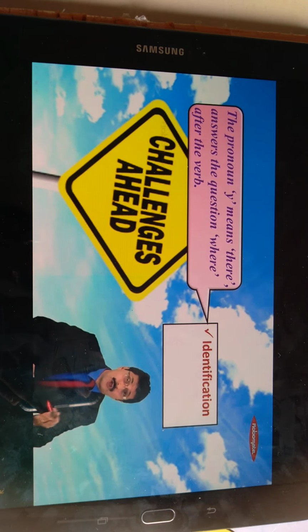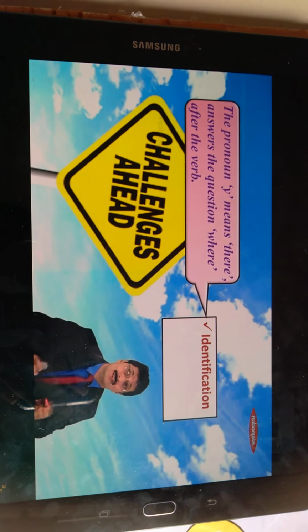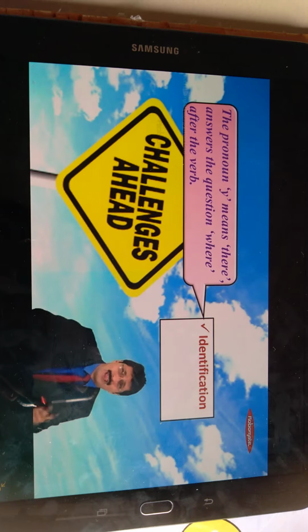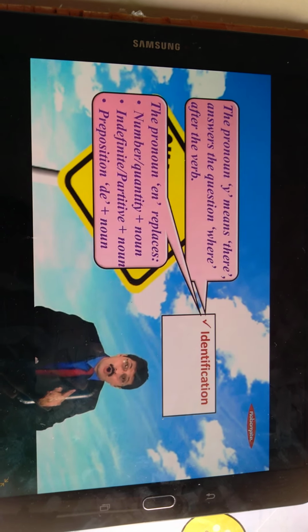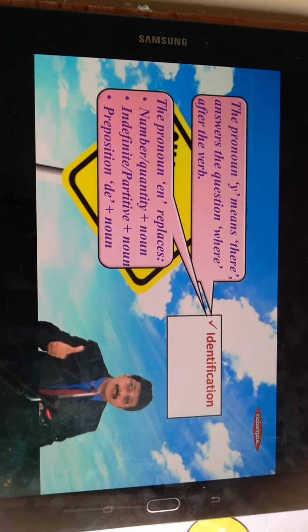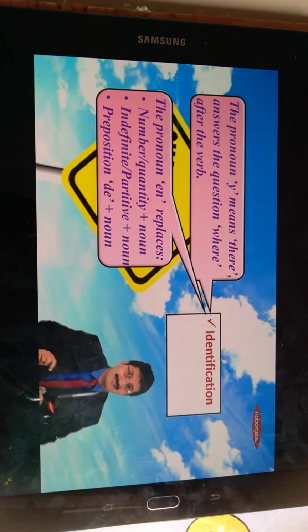Yes, the pronoun y means there. So obviously it answers the question where, after the verb. Where, in where, to where, all is going to be y. Whereas the pronoun en replaces either a number or a quantity plus noun. It replaces the noun, not the number and quantity.